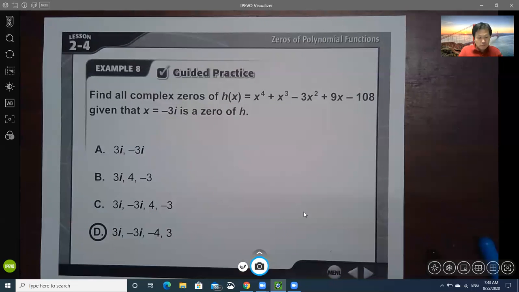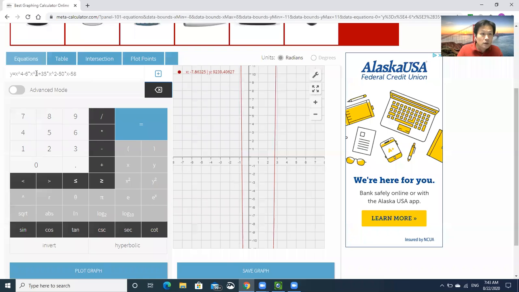First thing I will do, I will graph it using the calculator: x to the fourth plus x cubed minus 3x squared plus 9x minus 108.